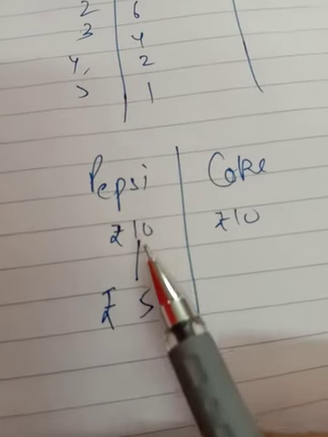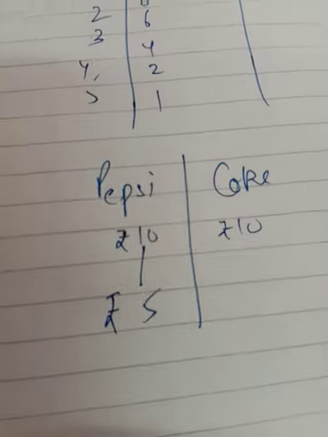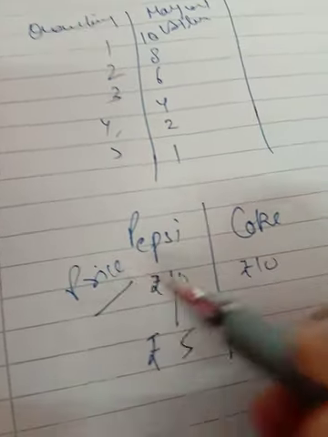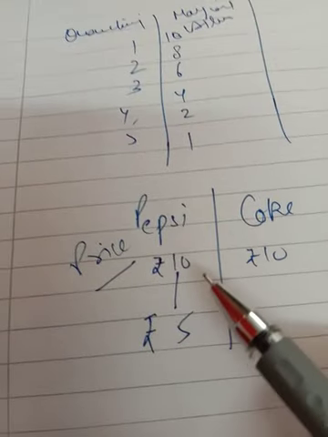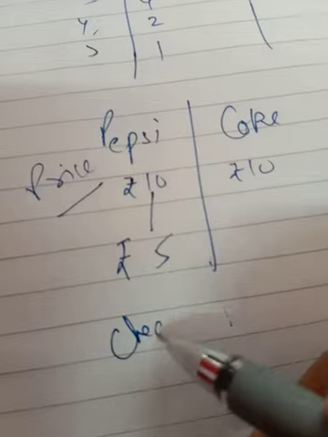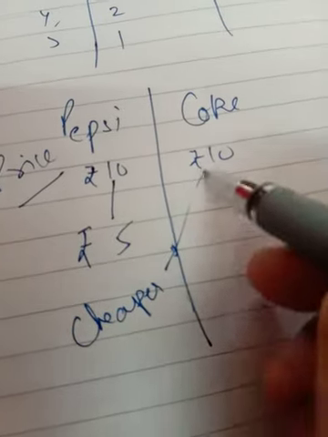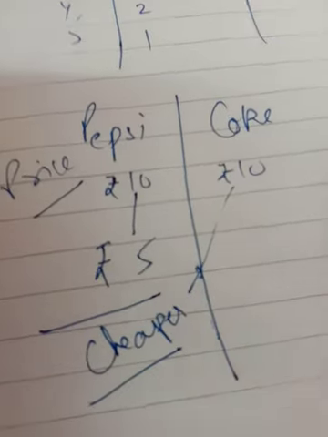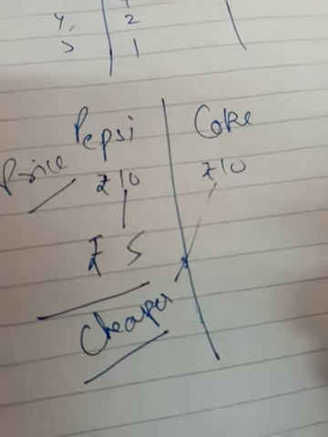If the price of Pepsi goes down from 10 to 5 rupees, and always in economics, price is per unit, then Pepsi becomes cheaper compared to Coke. So people will move to Pepsi because that product is cheaper in terms of price.